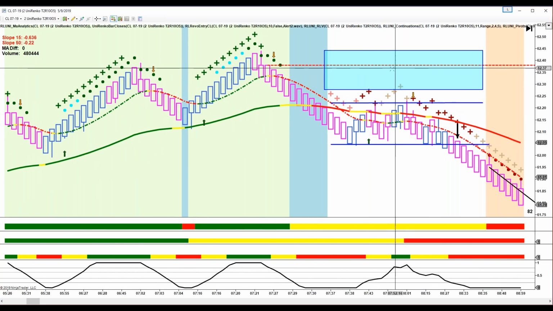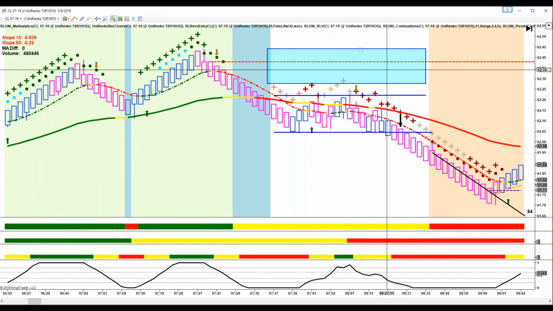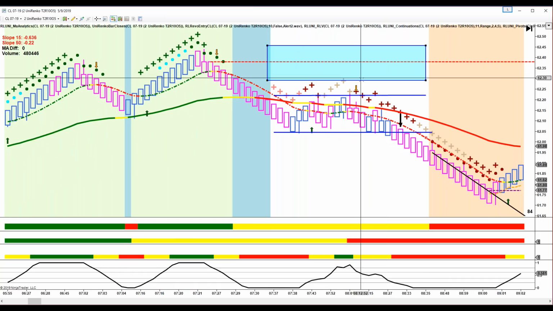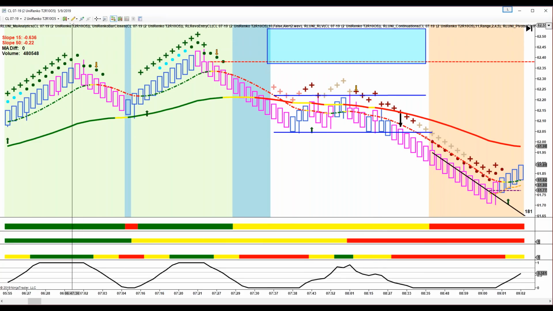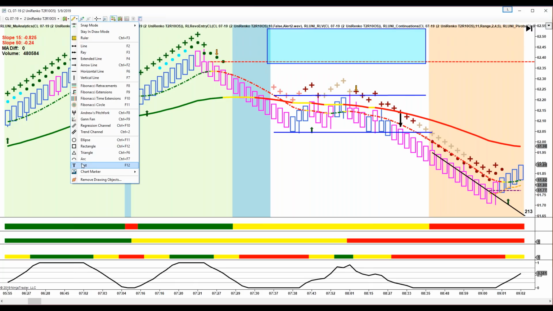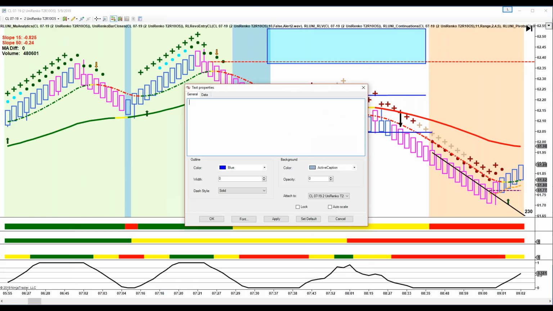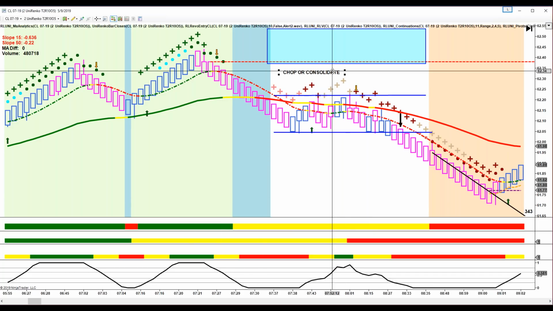But what does the market do when there is no multi-time frame alignment in trend? And I can tell you what it does 99.9% of the time. It's either going to chop or it's going to consolidate. One of the two.